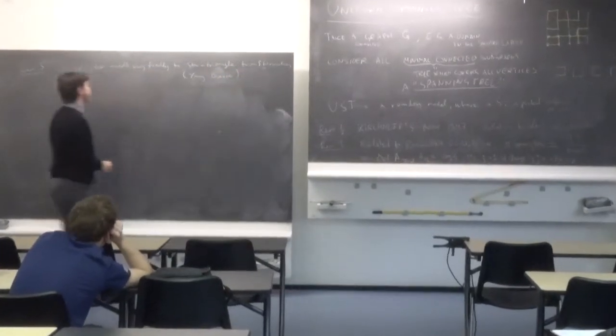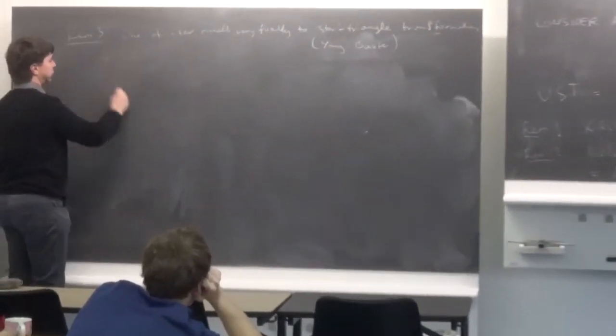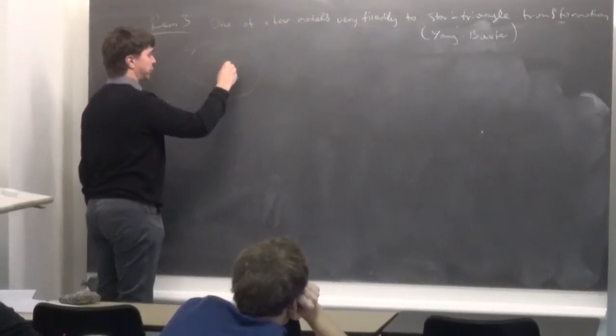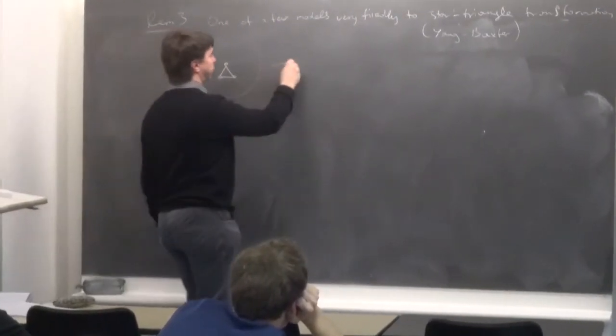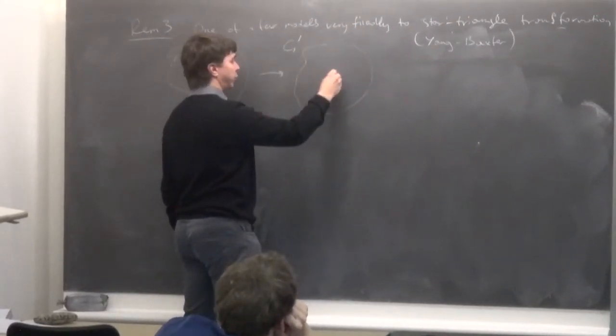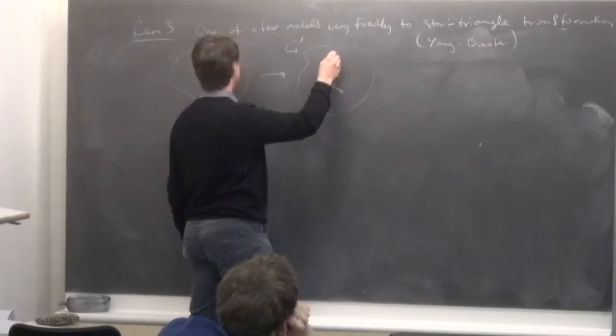So what is the star-triangle transformation? You have some graph G, and somewhere three vertices which form a triangle, and then you pass to a different graph G prime where you connect them instead by a star, and everything else is the same.